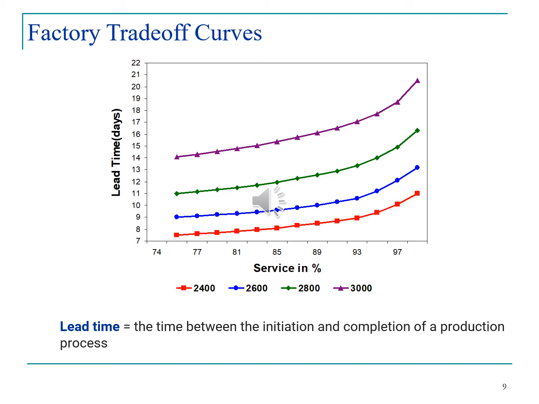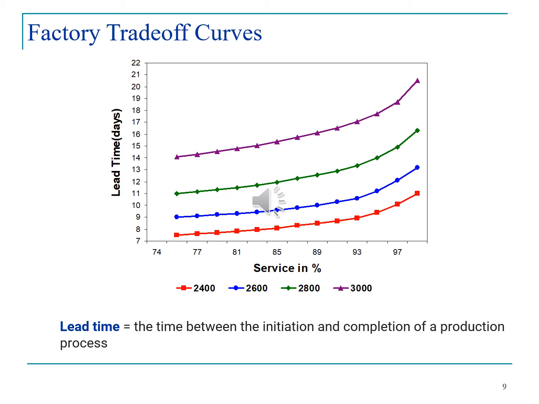You see that purple line at the top: the lead time starts at 14, and that's with a 75% service level. And as you increase that service level to 90, 97%, you see that the lead time goes way higher, almost 21 days.